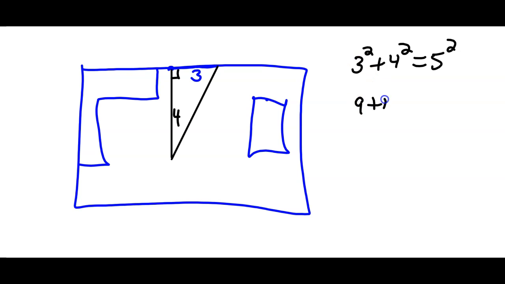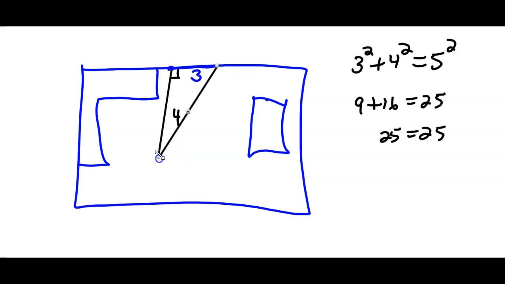Notice this gives me 9 plus 16 equals 25. So 25 equals 25. And so I had somebody hold the tape measure here, and when I dragged it this way, the tape measure went out this way, and that would be longer than 5 feet, even though this was locked in at 4 and this at 3. If I dragged it too far in, whoops, let's spin that.